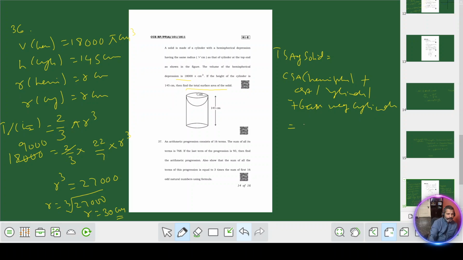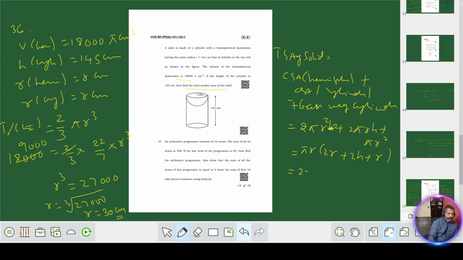So CSA of cylinder is 2 pi rh, CSA of hemisphere is 2 pi r square, 2 pi rh plus base area, which is pi r square. You can solve this in two ways: directly substitute r and h values and find, or take common and make the job easy. 2 is not there in the base area, therefore we take pi r common: 2r plus 2h plus r.